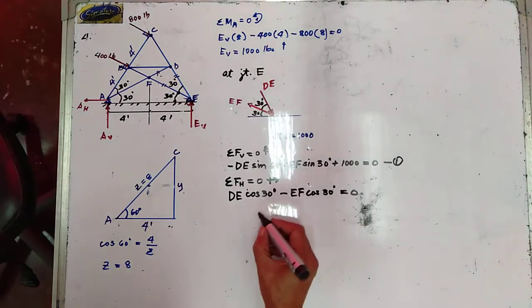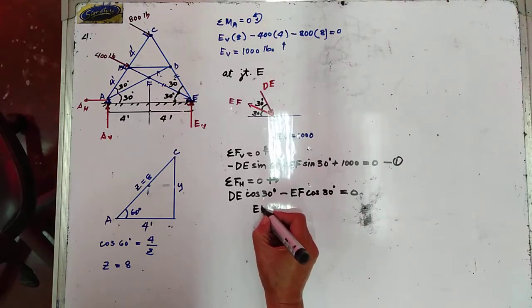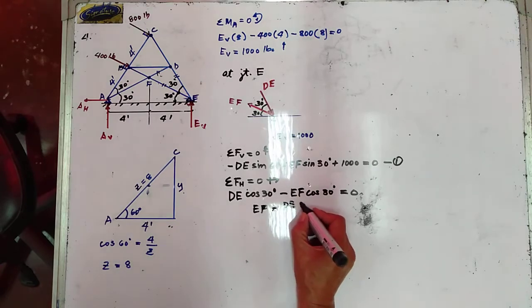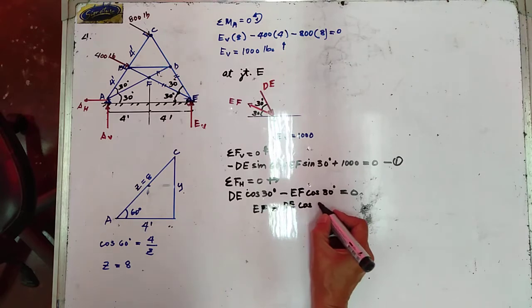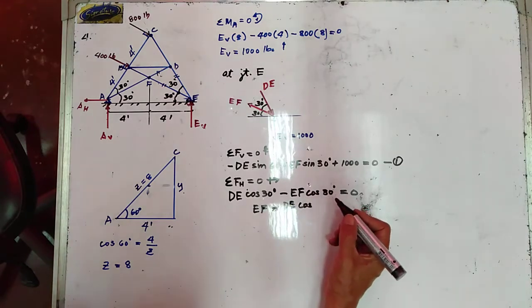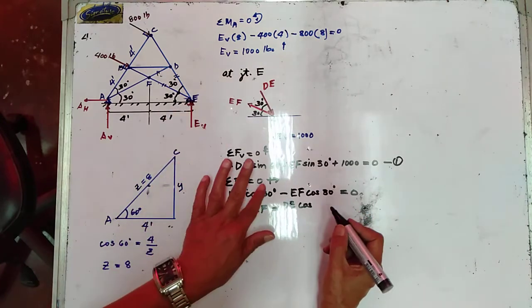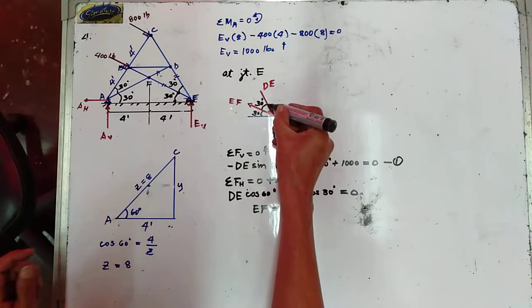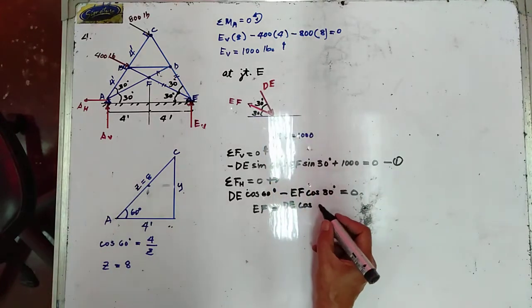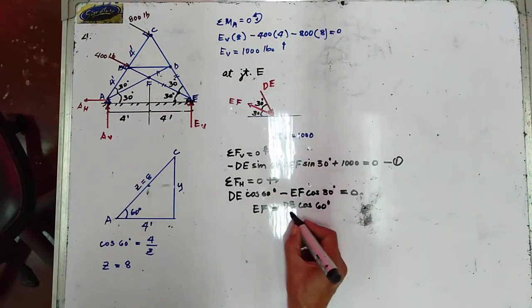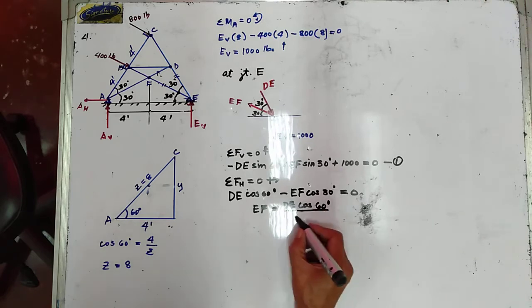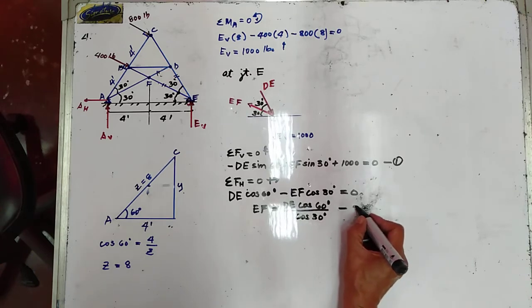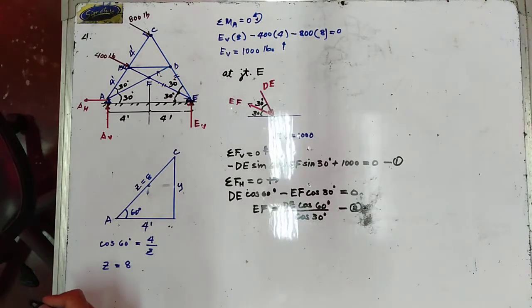So that your EF is now equal to DE cosine of 60 degrees, since 30 plus 30 is 60 degrees, all over cosine of 30 degrees. So this is now your equation 2.